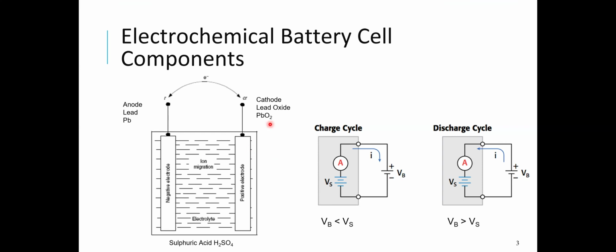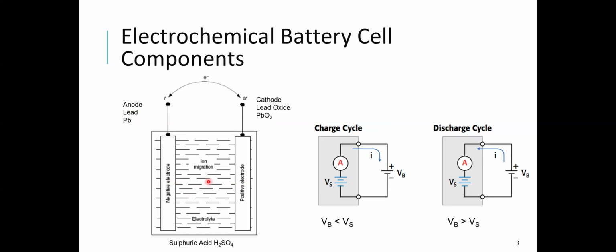The cathode of a lead-acid battery is made of lead oxide, and this is the chemical formula for lead oxide. Pb stands for lead, and O stands for oxide. O2 means we have two oxygen atoms. Then we also have, like I said, the negative electrode or the anode. It's made of lead.